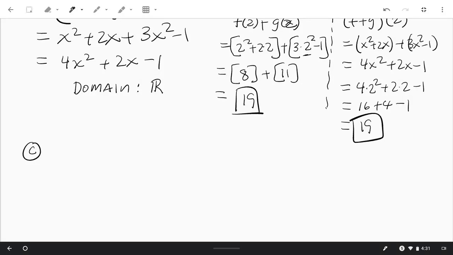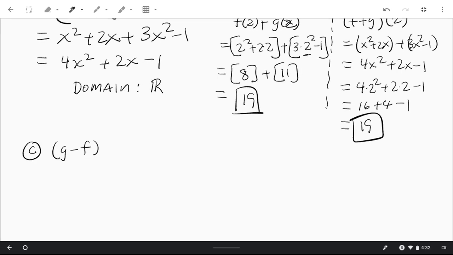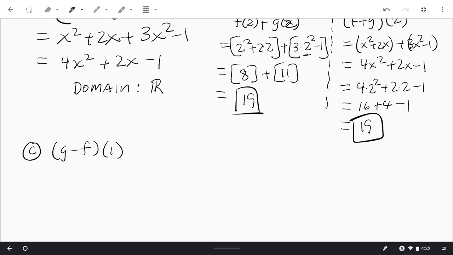Let's do g minus f of, actually, let's just do 1. Waiting for it, there it is. Choose whichever method you want.